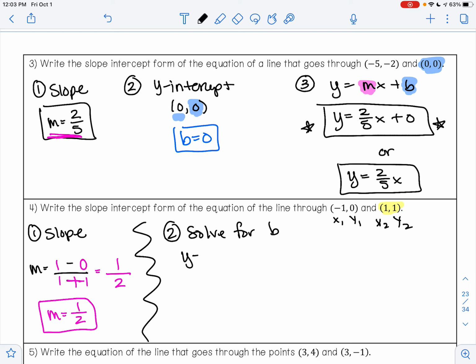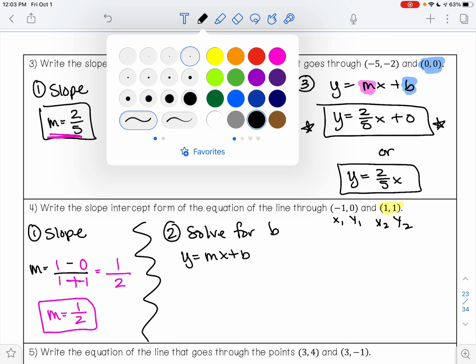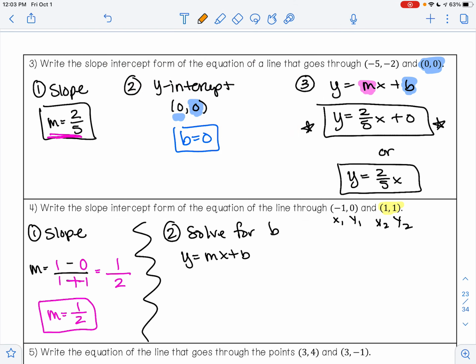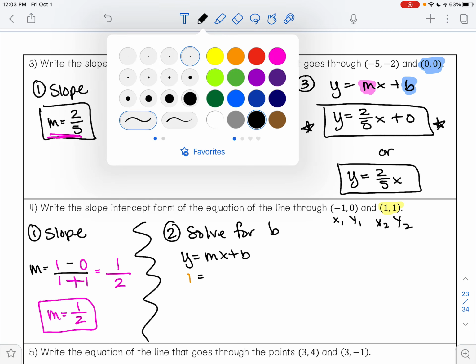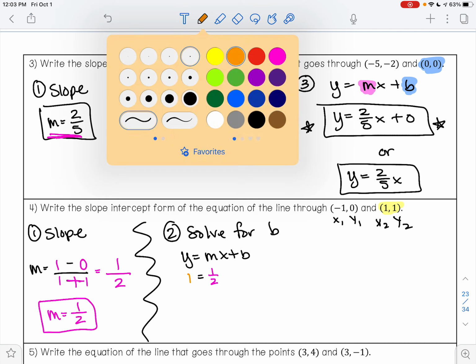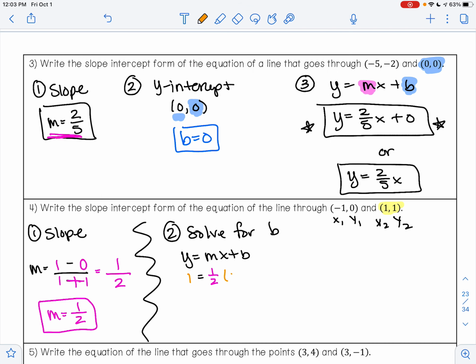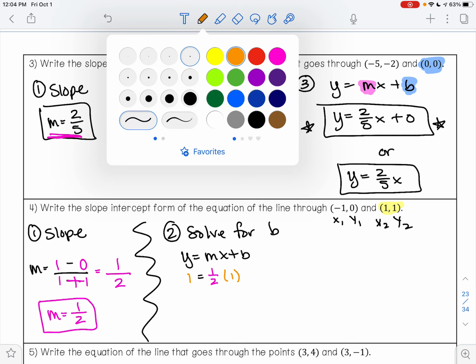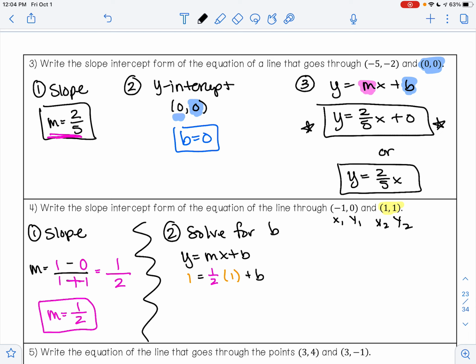So I'm plugging into y equals mx plus b. If I use that point, then y is 1. m we just solved for, we got 1/2. x is 1 plus b.